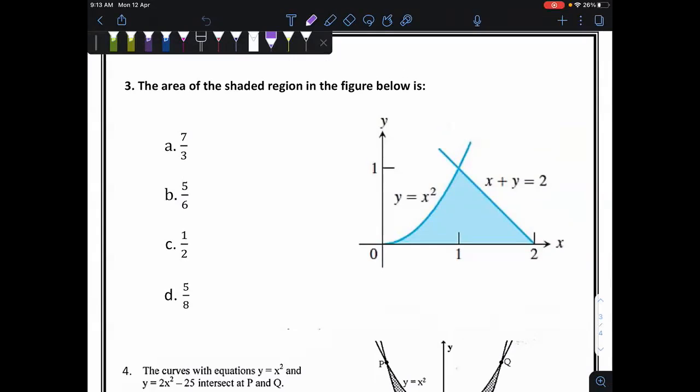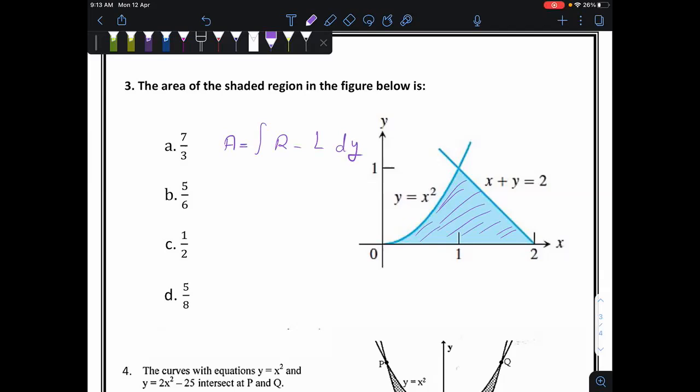The area of the shaded region in the figure below is... you can find it quickly. It's easy. Area equals right minus left. So this area is enclosed between a right and a left curve. So the integral of right minus left, d what? dy.